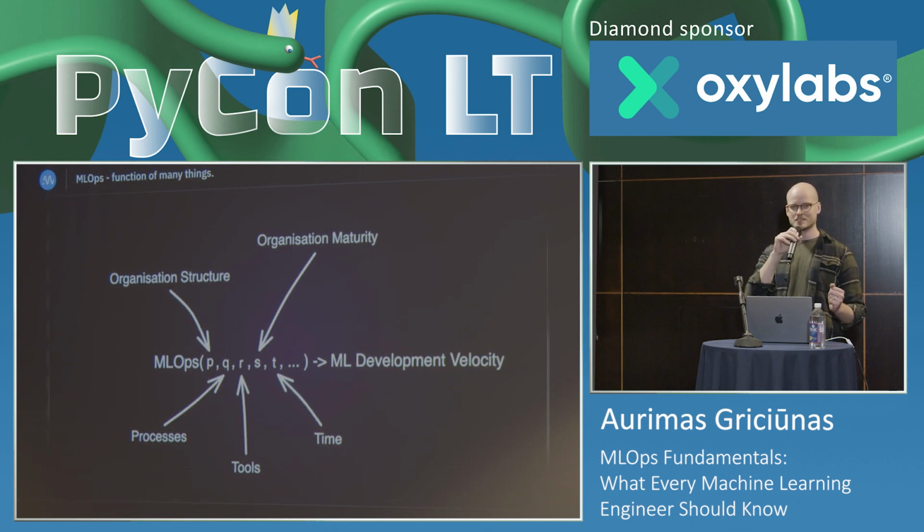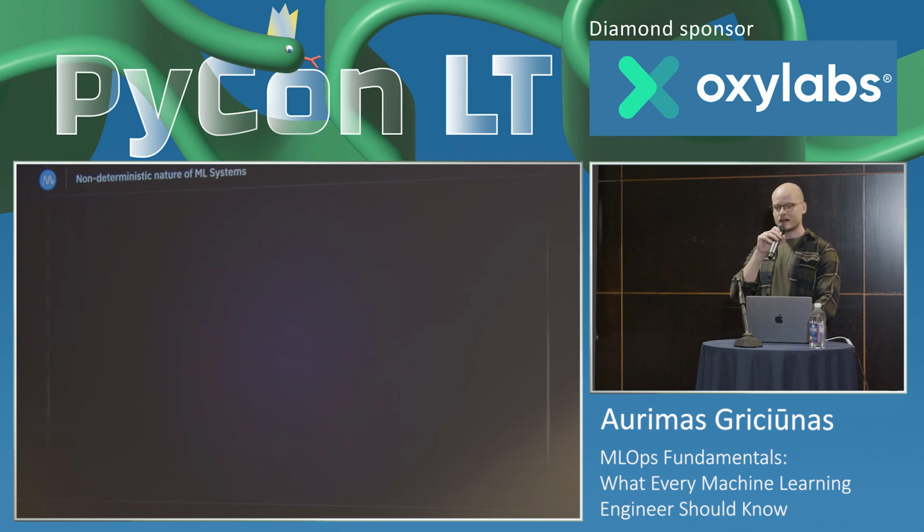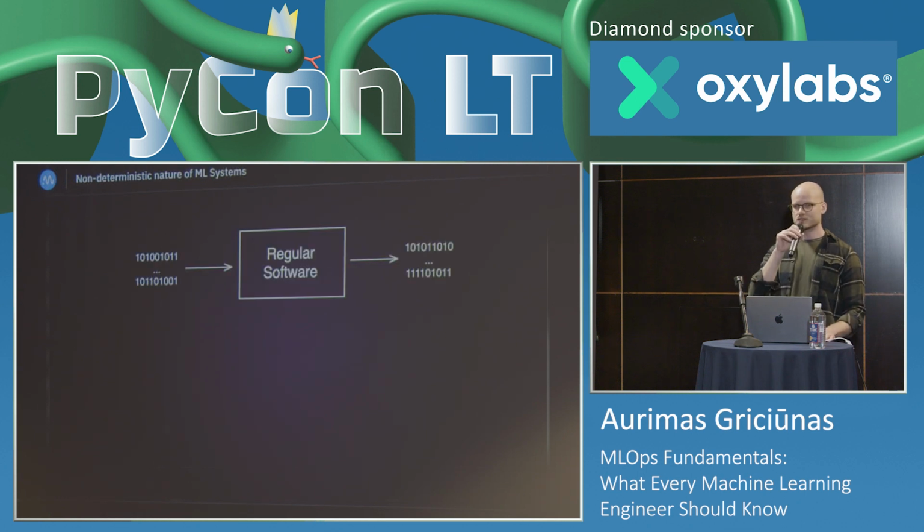We already have DevOps, and most of the people are saying that machine learning systems are not that different when compared to software systems, but they are to some extent. So regular software is pretty deterministic. We kind of hard code rules that we expect to be applied on top of the data, and by doing so, we already know what output to expect from a regular software system.